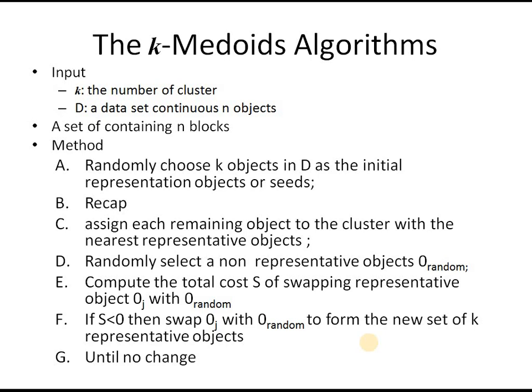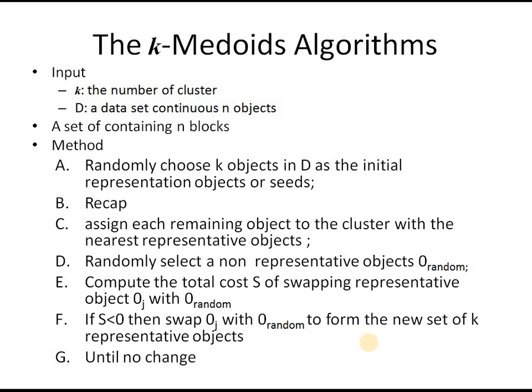This is the k-medoid method. Input: k, the number of clusters, and D, a data set containing n objects. Output: a set of k clusters. Method: randomly choose k objects in D as the initial representative objects or seeds. Repeat: assign each remaining object to the cluster with the nearest representative object.